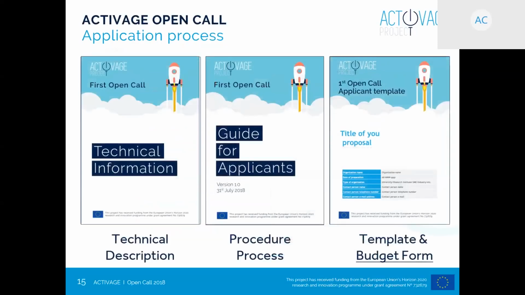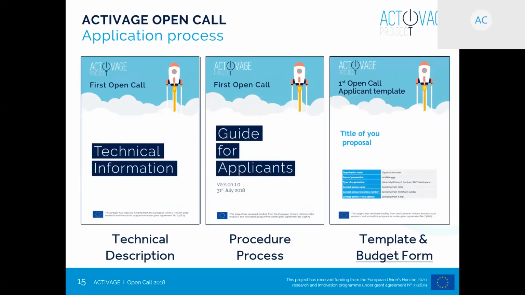One is technical information about the technical requirements that you have to be sure to complete. And the other one is the guide for applicants, where you can see what the challenges are, what the timelines are, and all the things that you have to complete.